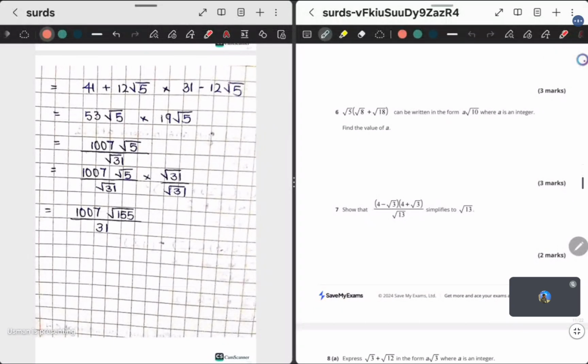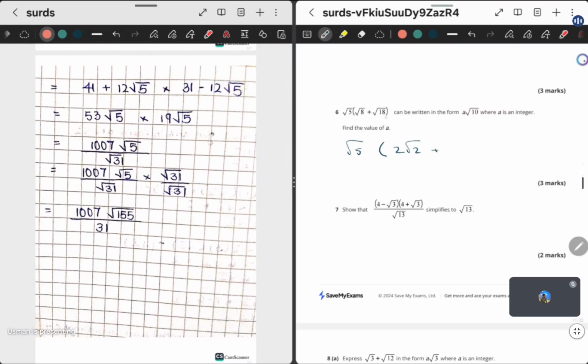So here, you got root 5 multiplied by root 8 and 18. So let's try and do this question. So let's keep root 5 separately outside at the moment, right? And let's see what we can do on the inside. So this would become 2 root 2, yes? Does that make sense?